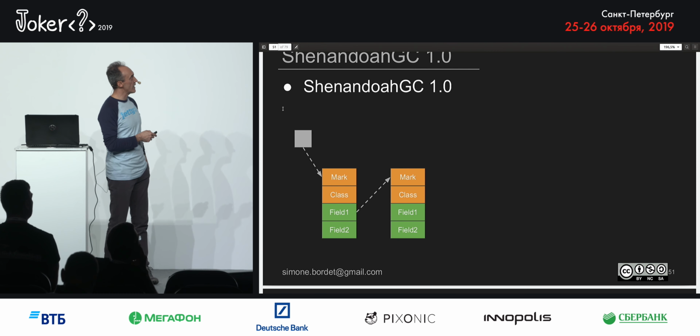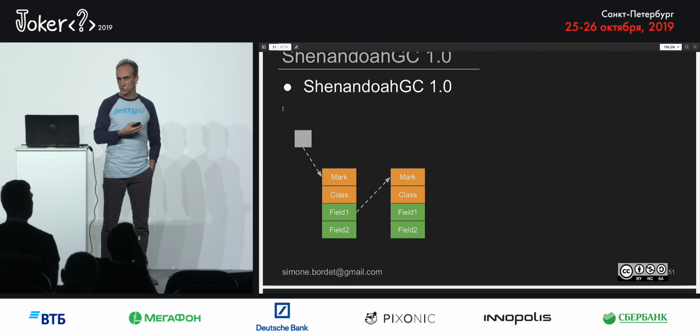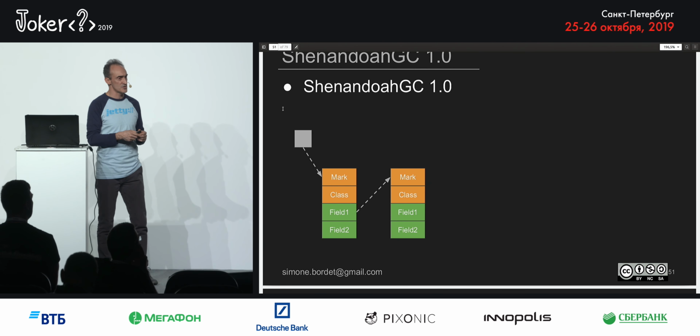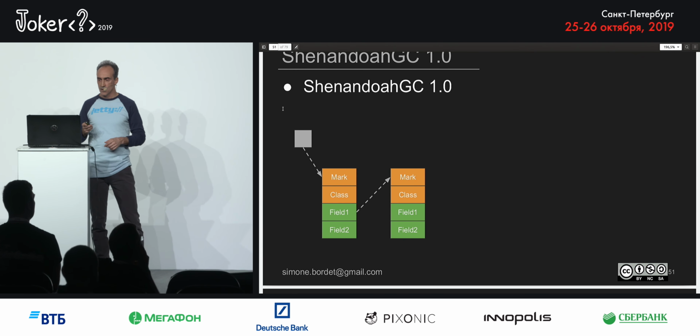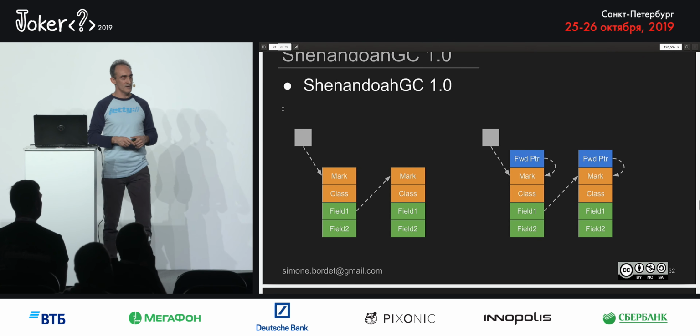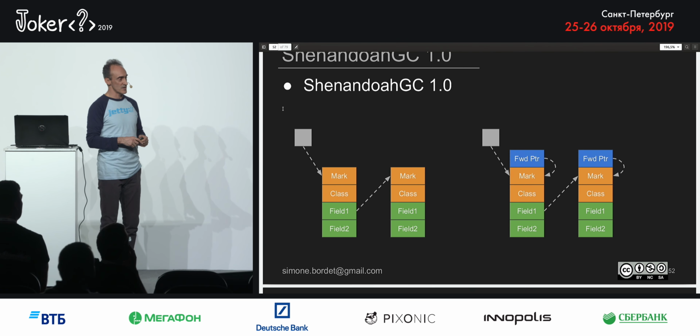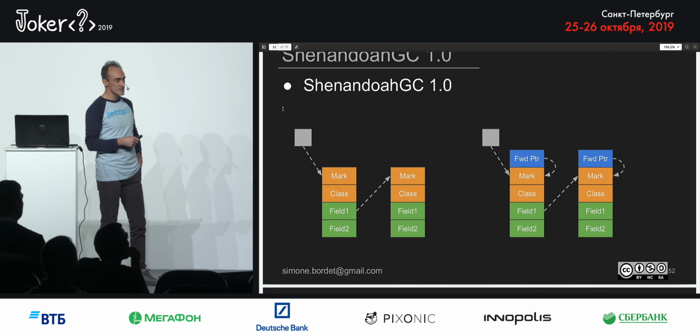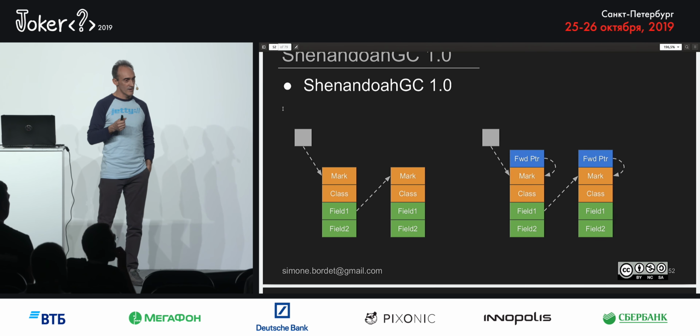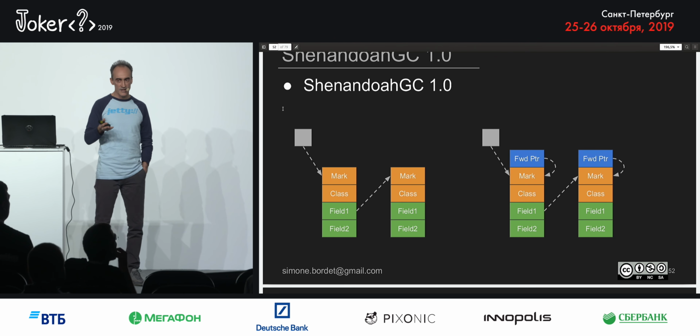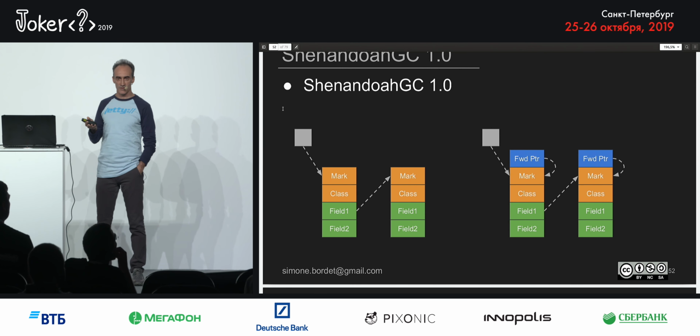So this is a normal layout for HotSpot, two objects pointing to each other. And this is how Shenandoah 1.0 lays out objects. As you can see, before any object, there's an additional word. There is a forward pointer.